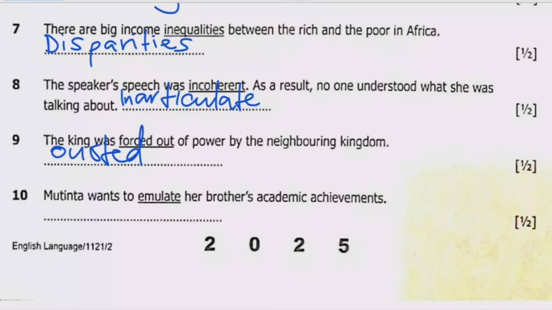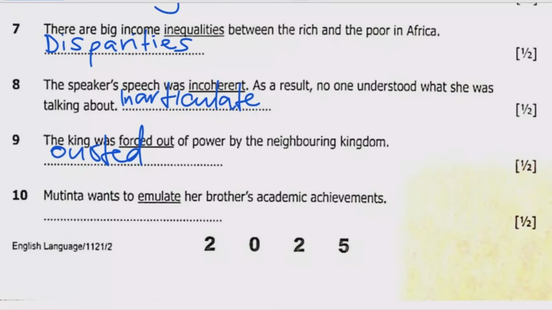We come to 10. Mutinta wants to emulate her brother's academic achievement. What does the word emulate mean? To emulate is to do just the same as someone else. In this sentence, Mutinta wants to perform academically, to achieve academic achievements just like her brother.